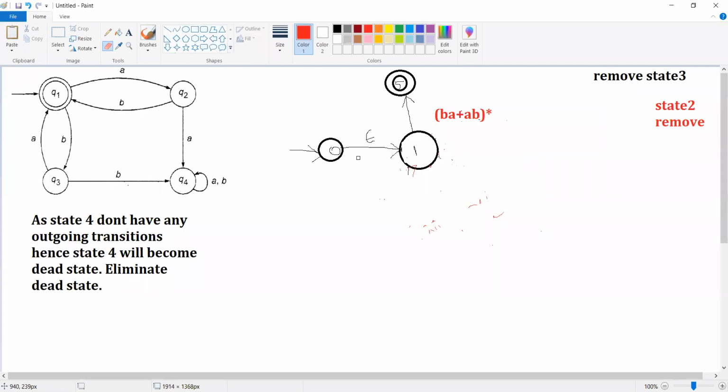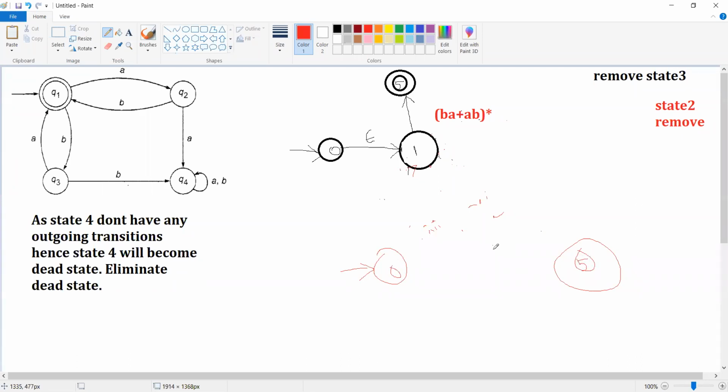Now please observe over here, we have only one state remaining, which is 1. It has one incoming transition epsilon and one outgoing transition to 5. Now we need to multiply this. Once we do the multiplication, only two states will remain. This is the initial state and this is the final state. The initial state will be 0 and the final state will be 5.